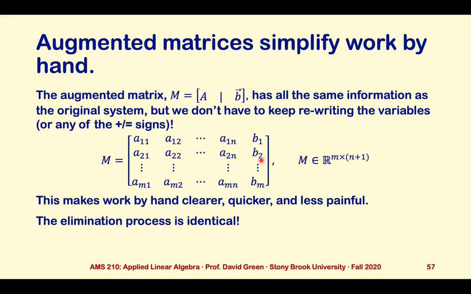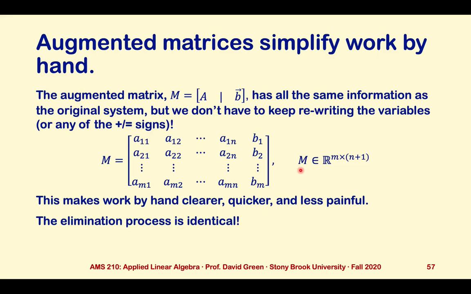The way we work through the elimination process using an augmented matrix like this is absolutely identical. Right? The process is the same, the rules are the same. The only difference is that we're keeping track of the information in a slightly more compact way.